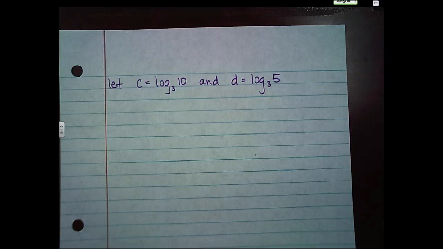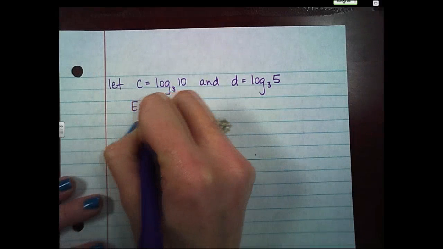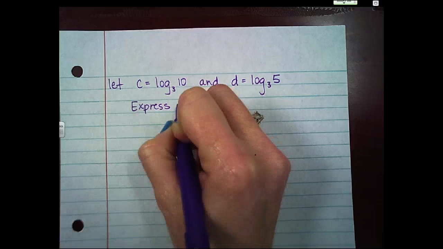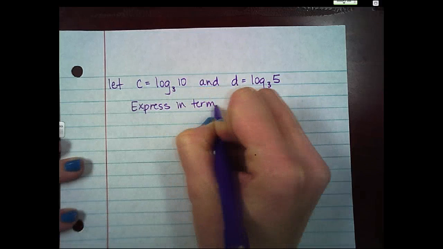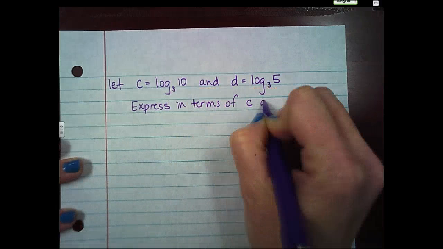Because if I can write everything that way, I can use C and D, because the directions say to express in terms of C and D.